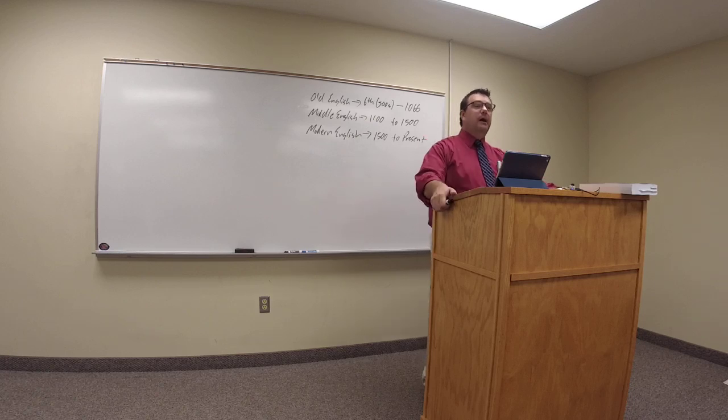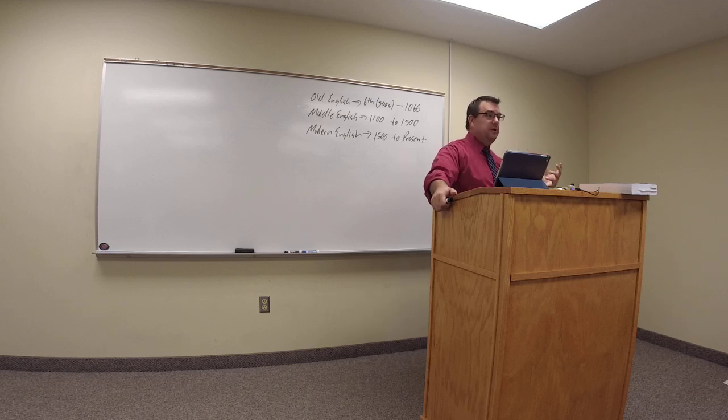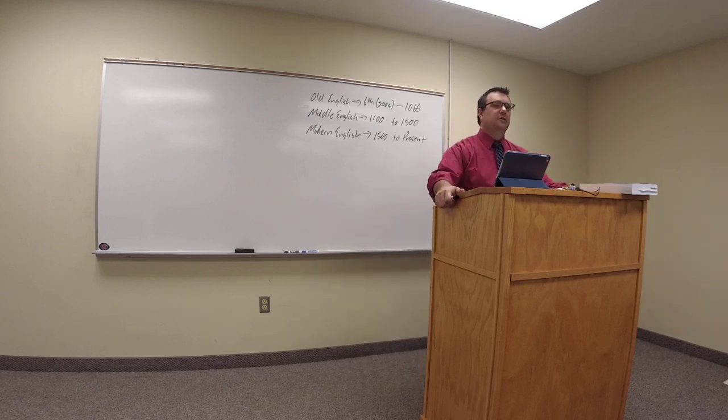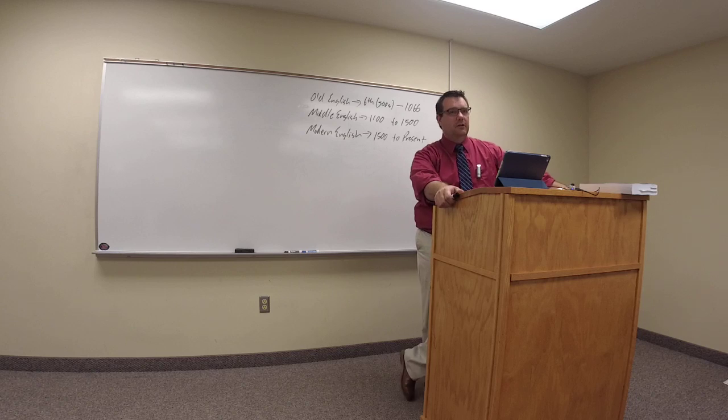Now, the King James Bible, as we'll see when we study it specifically, has some forms of speaking that we don't use anymore in 21st century American English, or even 21st century British English, which, by the way, are not the same. Okay? The Brits to this day spell words differently than we do, right?